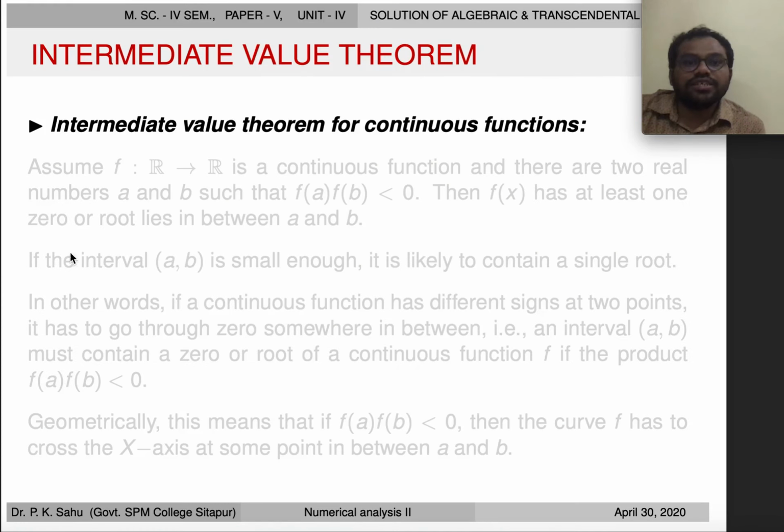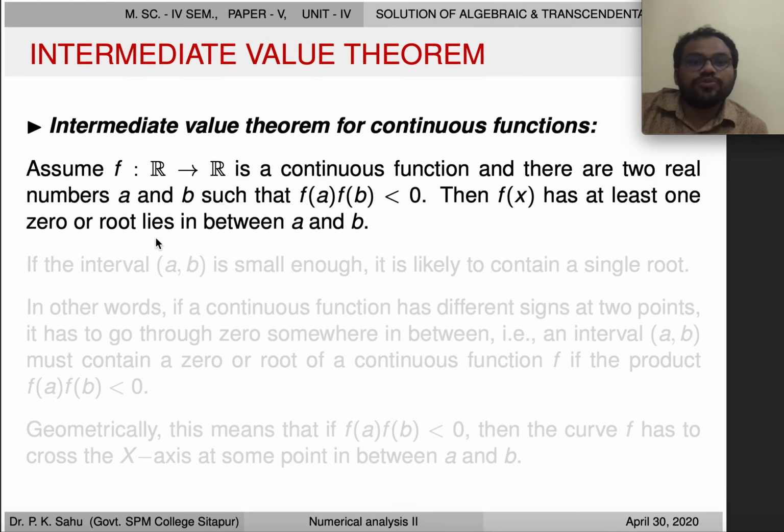Now, we will discuss the intermediate value theorem. Sometimes it is also known as fundamental theorem for finding the roots of equation f(x) equal to 0. Now, we will see what it says. Suppose we have a real valued function, means f is a function from real numbers to real numbers and it is a continuous function. Now, if we choose two real numbers a and b such that f(a) into f(b) is less than 0, then f(x) has at least one zero root lying in between a and b, as we have seen in the last figure.